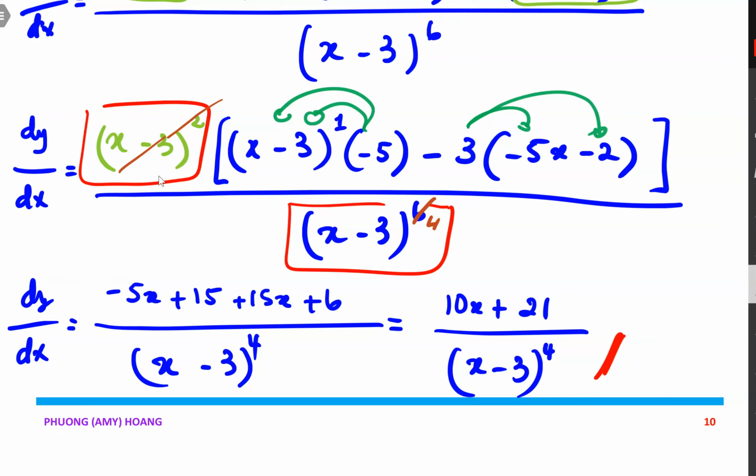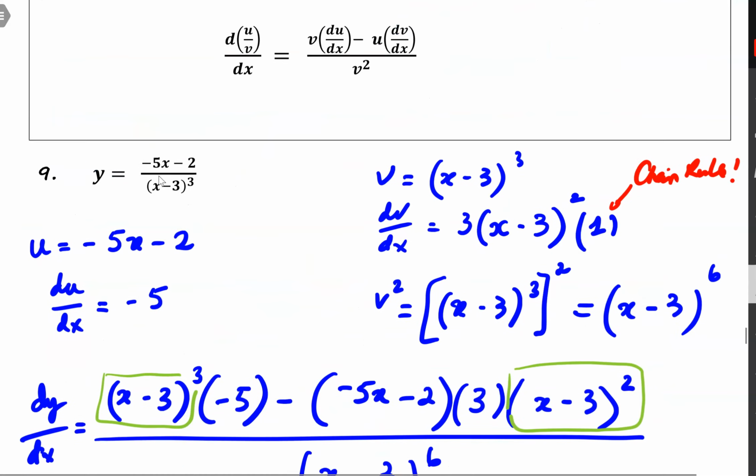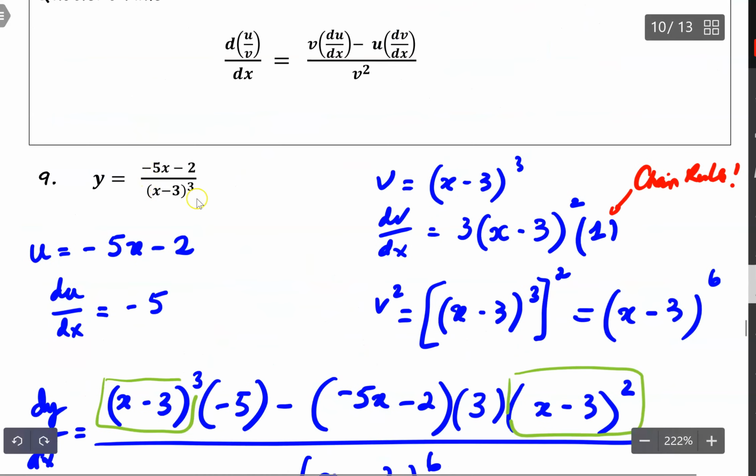Alright, so that's the quotient rule. And if you want to check it, you can raise this to the exponent negative 3. So you write it as negative 5x minus 2, all of it multiplied by x minus 3 raised to the exponent minus 3.